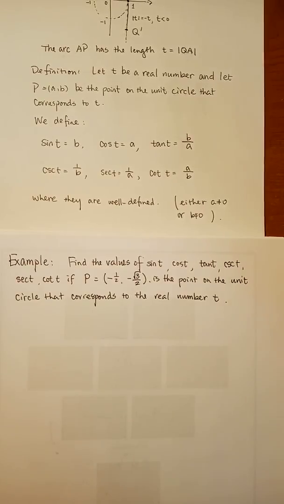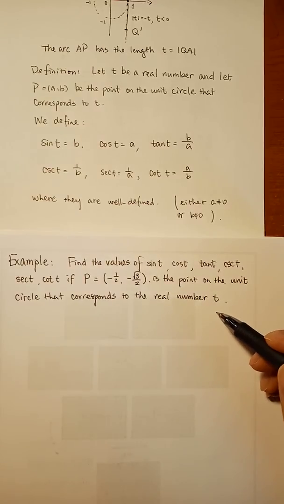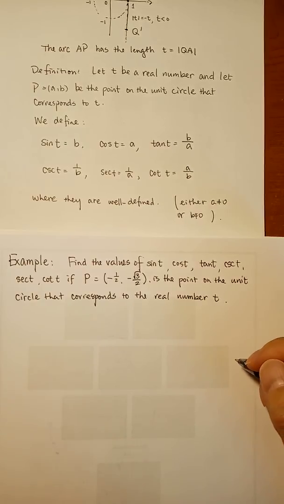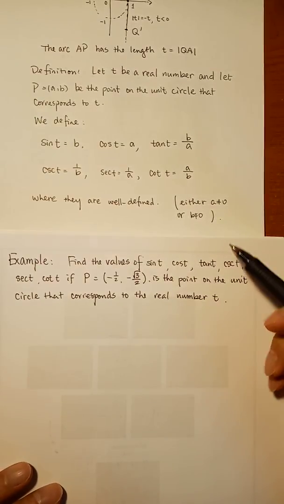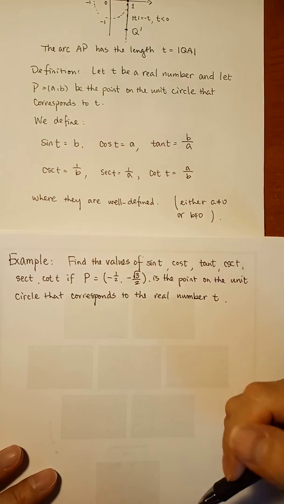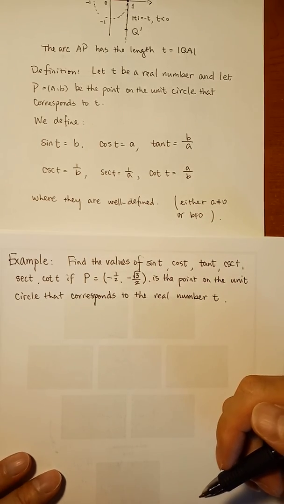If two different t share the same corresponding point P, then they will have all the same six trigonometric functions. You will see it later, but now we just get this from the abstract discussion, because the trig values are defined by the xy coordinates of P.